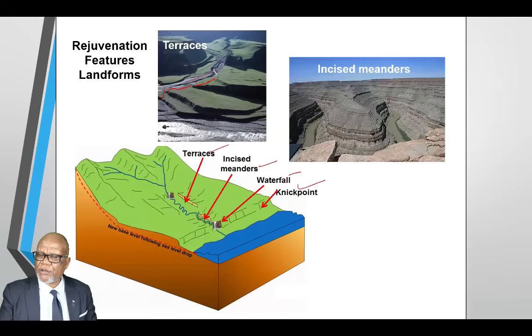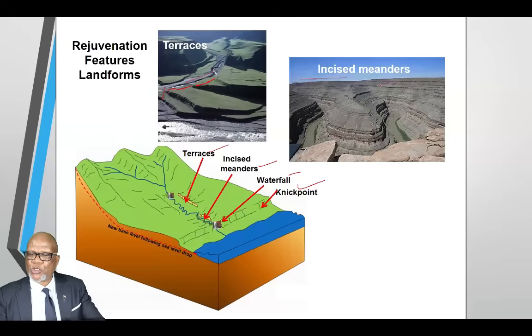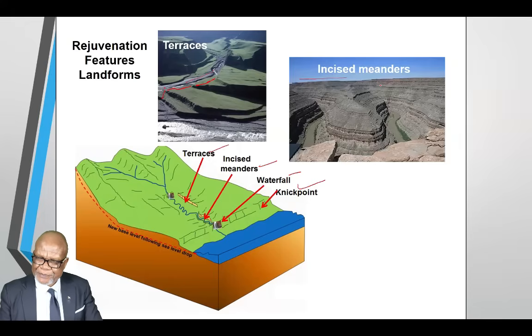You can see the landscape here, that the area is relatively flat. So it could be in the middle course of the river, it could be in the lower course of the river, but the river has gained more energy. When it gains more energy, there's going to be downward erosion that is going to make these meanders deeper. Because the process of downward erosion and the process of upliftment of the land were taking place.